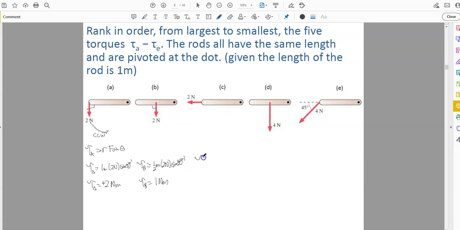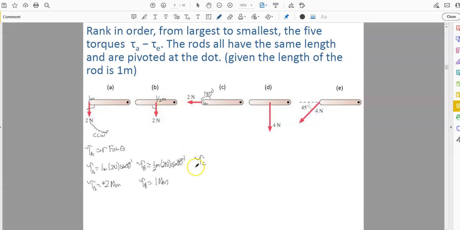Torque C is straight out, so it's at 180 degrees, and it's at distance 1 meter. I should have put a half meter here. This is 1 meter.